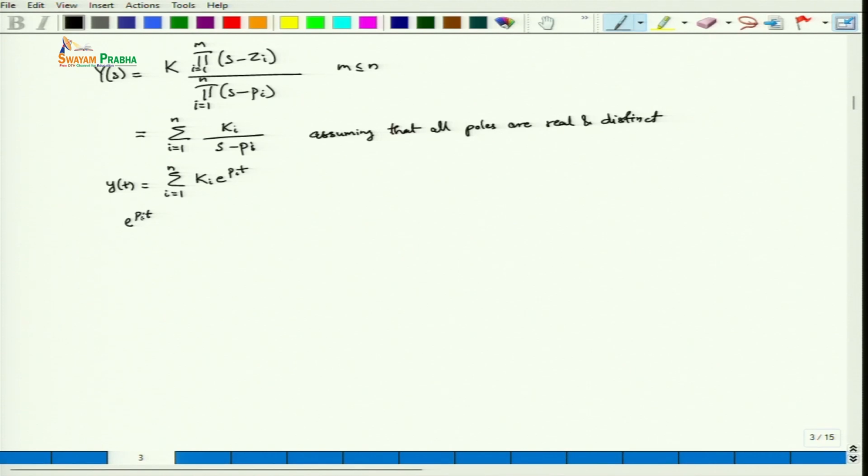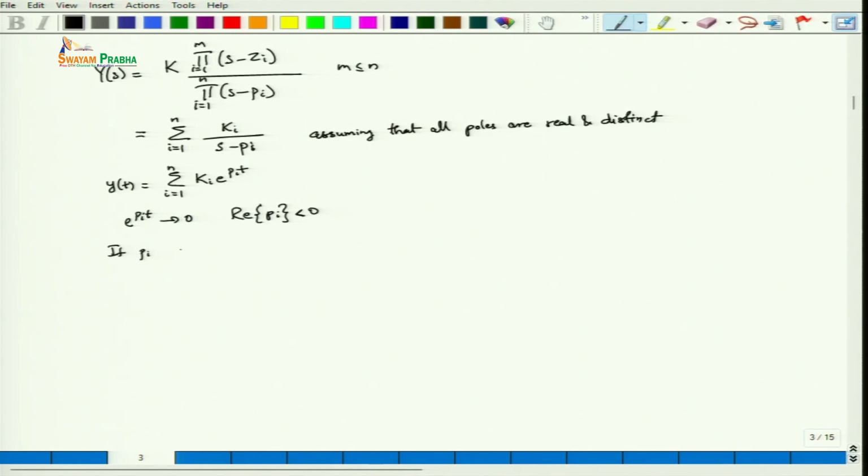Now this quantity e to the power p_i t tends to 0 if the real part of this particular pole is less than or equal to 0, that is, it is negative.